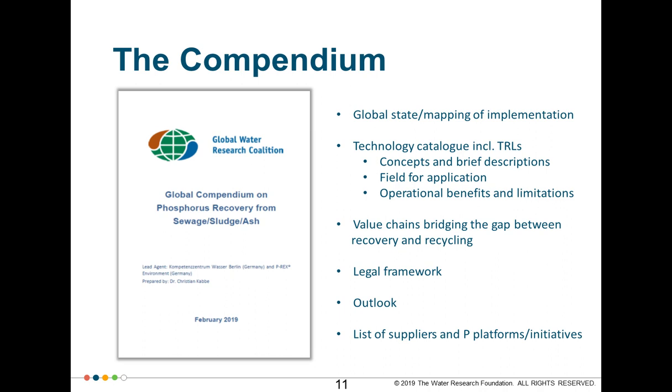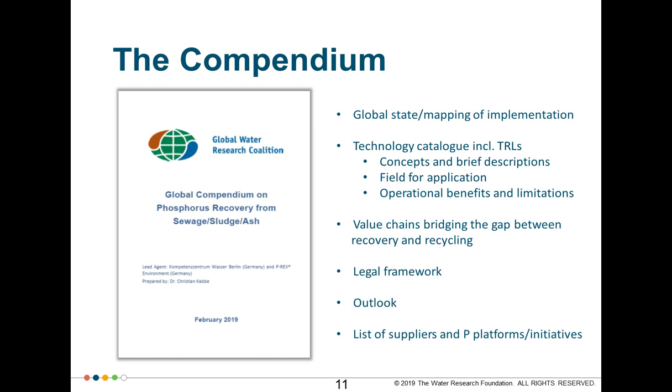It provides some technology TRLs and details, compiles a catalog of existing technologies out there, provides brief descriptions of concepts and where implementations make sense or not. It also gives some insights on operational benefits and limitations.